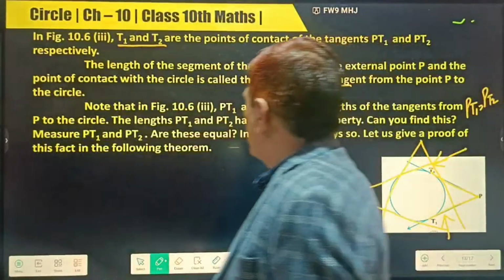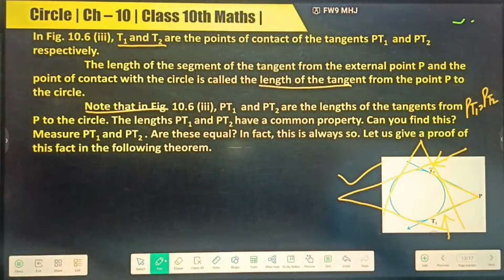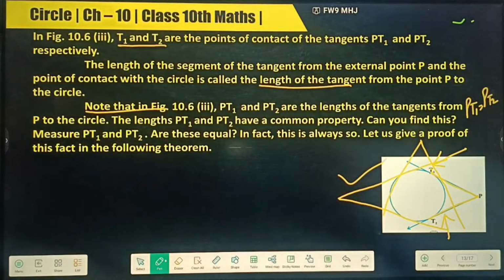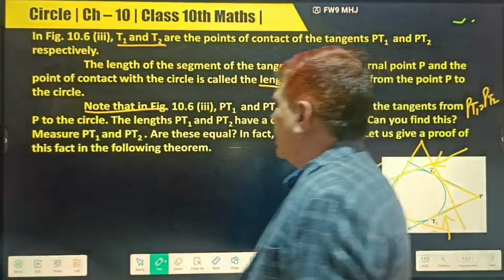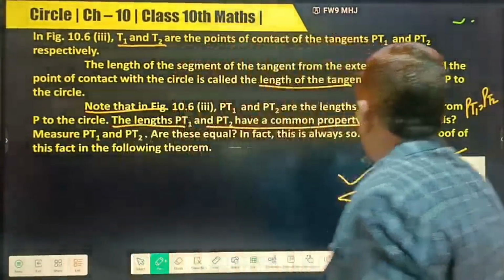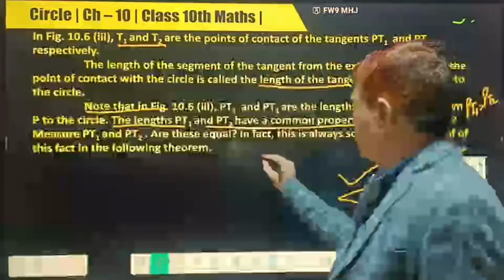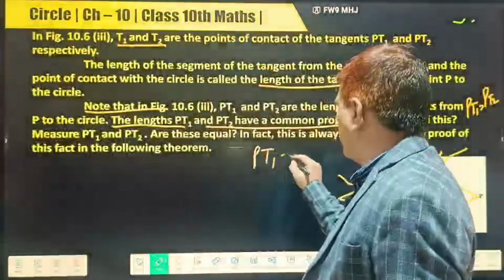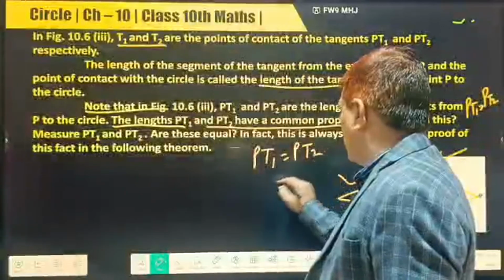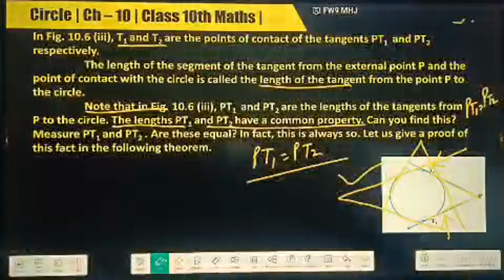Note that in this figure, PT1 and PT2 are the lengths of the tangents from P to the circle. Both have a common property that I already told you, PT1 equal to PT2. Later on we can prove this with the help of a theorem.